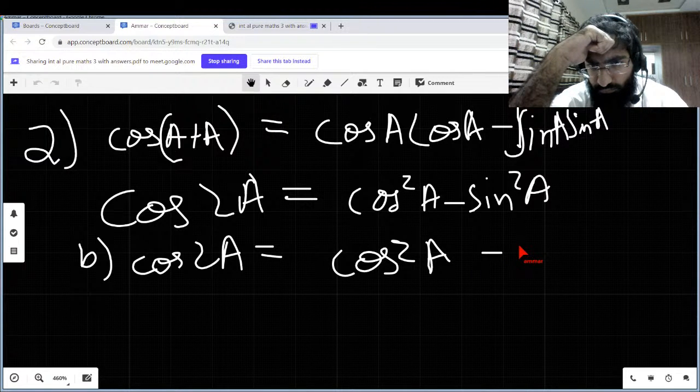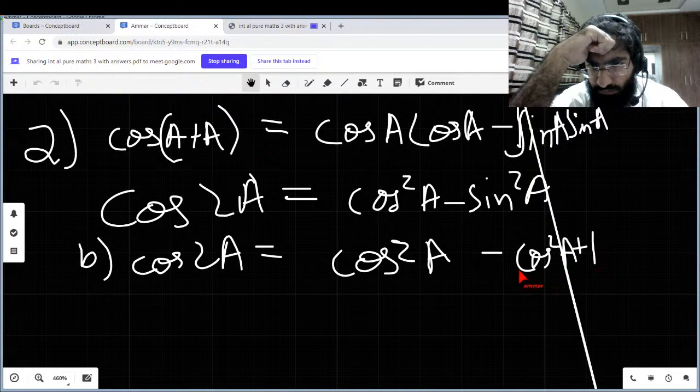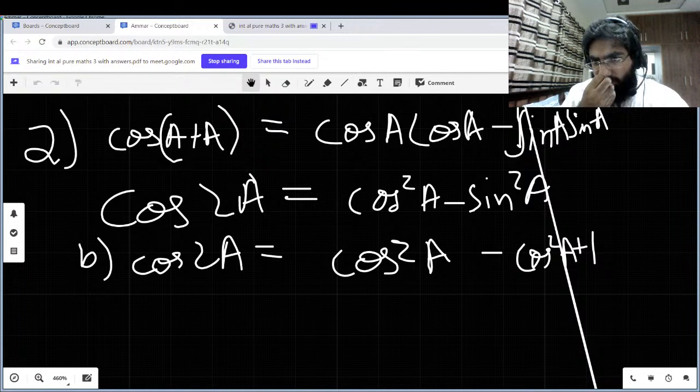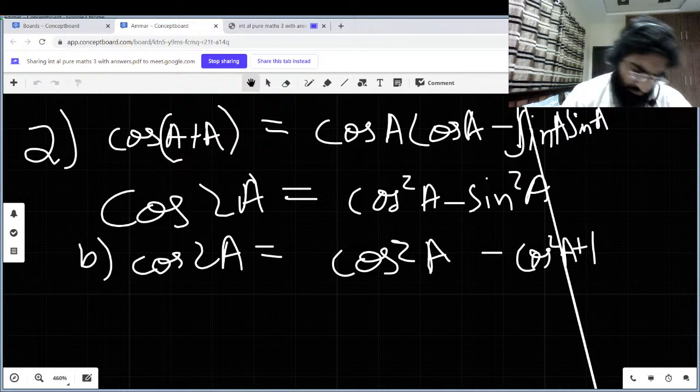Cos squared A minus, in bracket, sine squared A, which is equal to 1 minus cos squared A. Yeah, and then outside the bracket, that's how I wrote it.